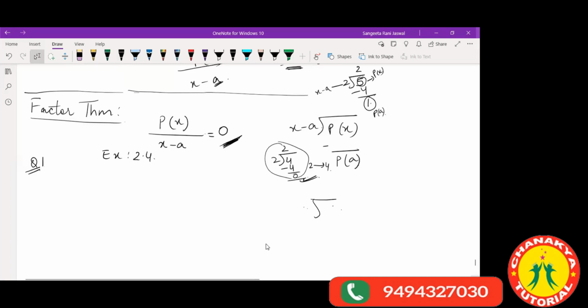The first question says, determine which of the following polynomials has x plus 1 as a factor.